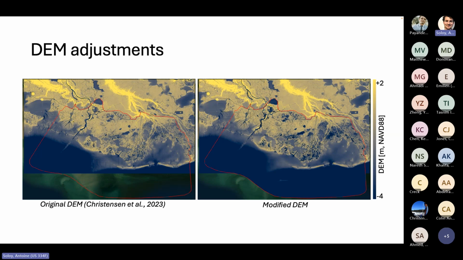So what we did, and what you're going to do also in the hands-on exercises, is that we used the center lines that we've downloaded and carved manually some channels to ensure hydrologic connectivity. Sorry.